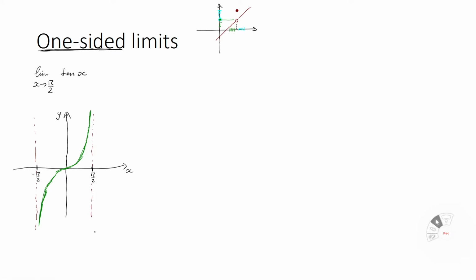Then it does the same thing beyond pi over 2: it comes in from minus infinity, goes through 0, and then climbs back to infinity at x equal to 3 pi over 2. So this puts us in a little bit of a strange position.